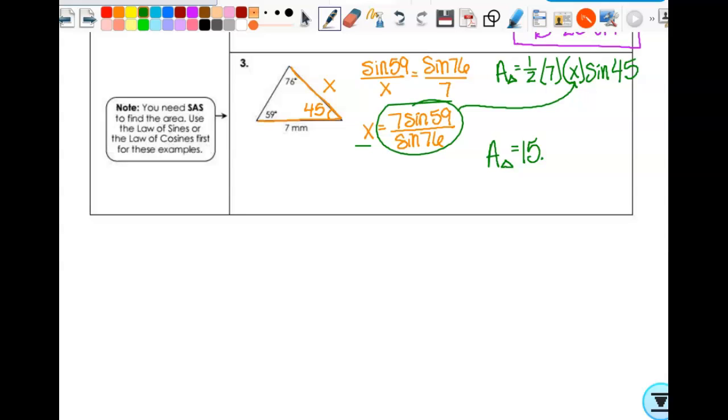Area of the triangle is 15 point what? 304. Very good. We can't forget our units. Millimeters squared.